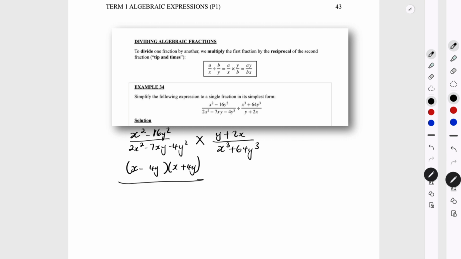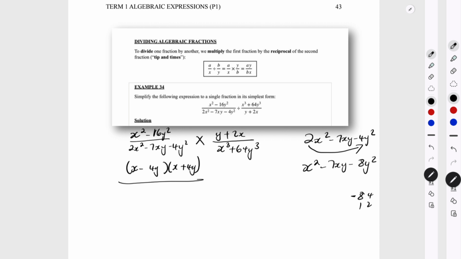Remember, we did this as well. Again, this is a trinomial. I'm having 2x squared minus 7xy minus 4y squared. The 2 will go and multiply there. I'll have x squared minus 7xy minus 8y squared. Factors of 8 are 8 and 1, 4 and 2.